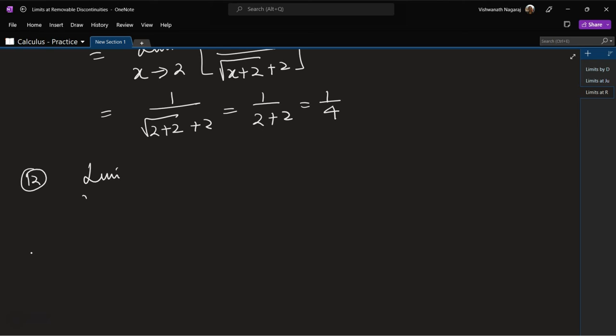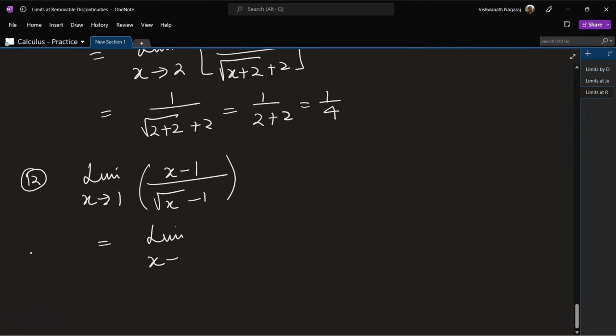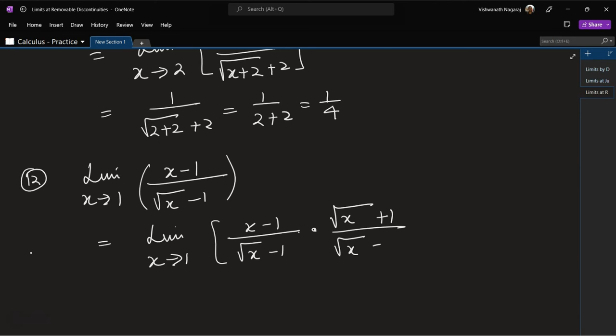12th one. Limit as x approaches 1 of (x minus 1) by (square root of x minus 1). Square root of 1 is 1, 1 minus 1 is 0. So we need to do something. So the limit as x approaches 1 of (x minus 1) by (square root of x minus 1) times, rationalizing the denominator, (square root of x plus 1) by (square root of x plus 1).